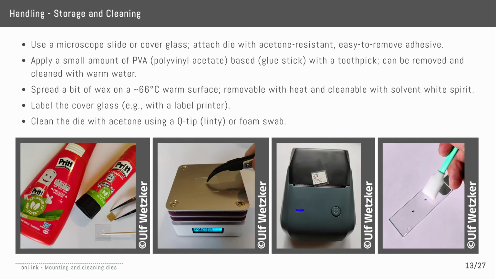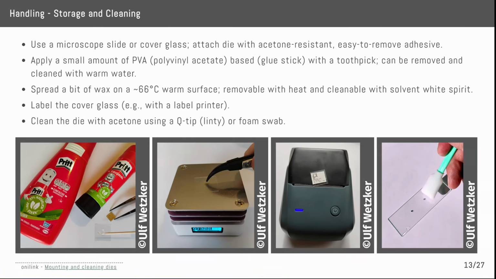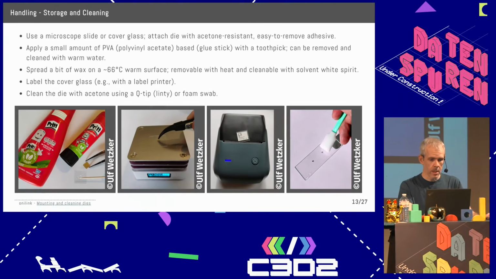The funny thing is that it's resistant to acetone. The second technique that is quite nice is to use standard beeswax. You heat up a small piece of wax up to 66 degrees, then it spreads evenly, and you place the die on top of it. If you want to remove it later on, you can use white spirit for this.